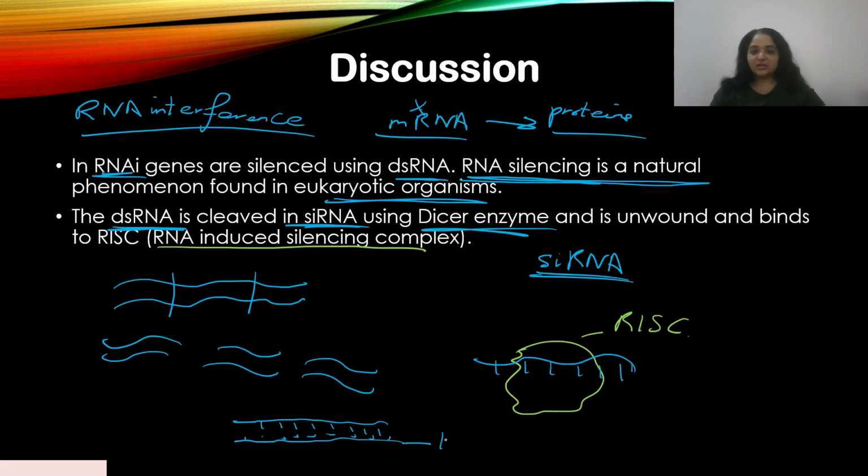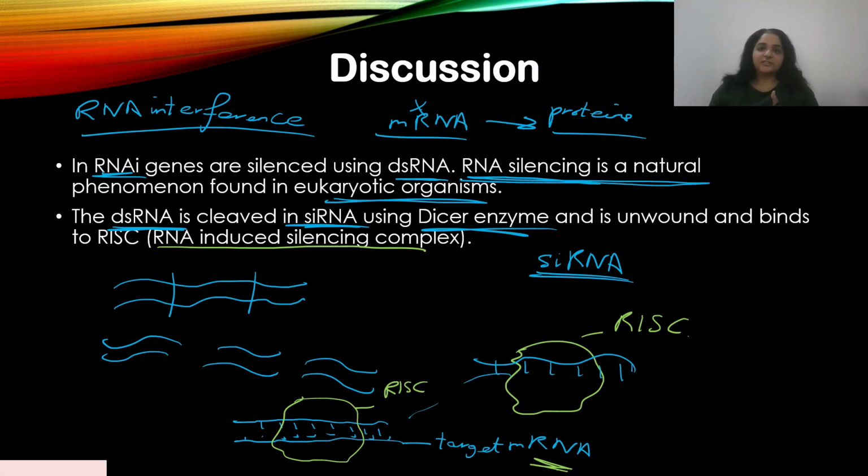So for example, if this is your target mRNA that you want to silence, it will attach over here. And once it attaches itself, this RISC with siRNA will silence this mRNA, so that it will not translate for that particular protein. That way you have disabled that mRNA from translating for that protein by attaching another RNA to it, which you really don't need.